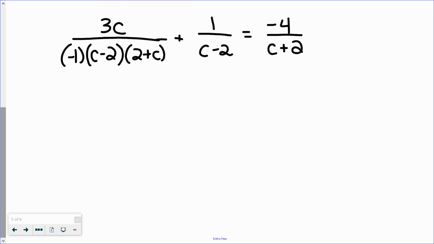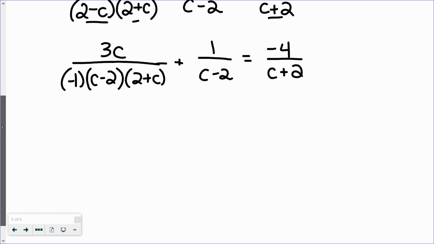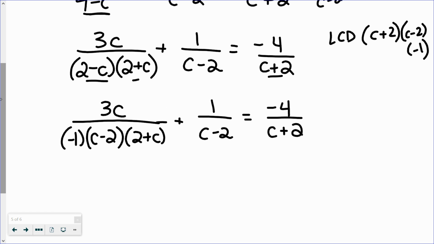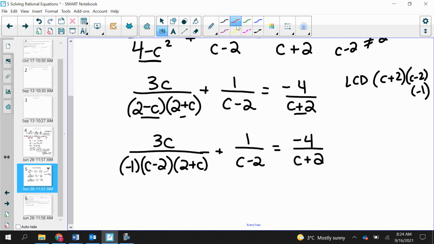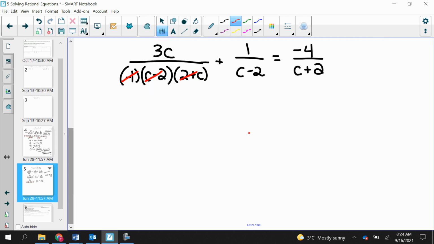Okay, I'm not going to be able to fit that all on the smartboard, but if I look at that factor, I'm going to get my colors out again. With that first one, it's going to cancel all 3 portions of it, right? Everything in your lowest common denominator is going to cancel out, so I'll have 3c.